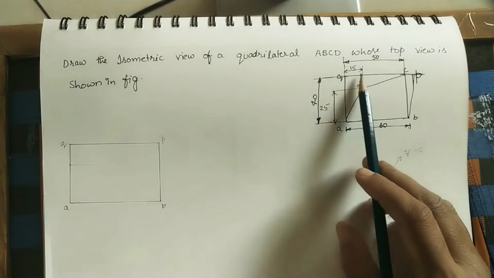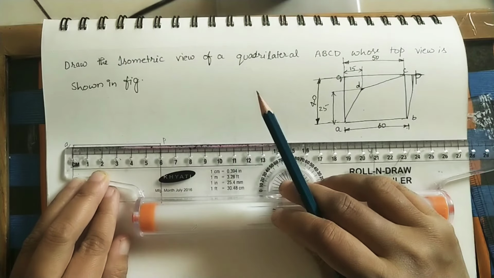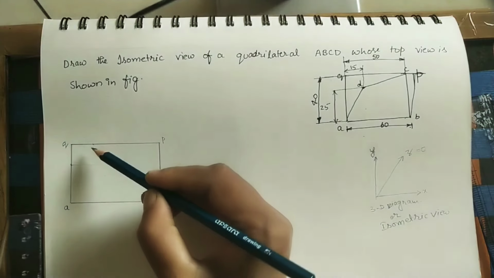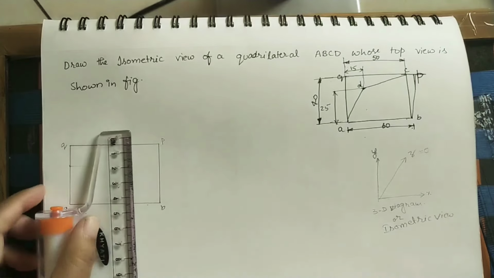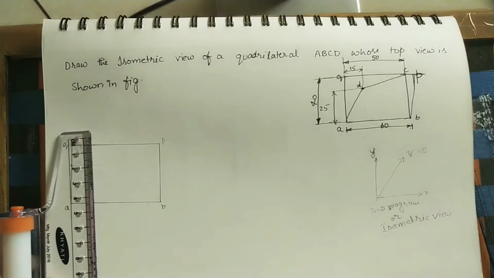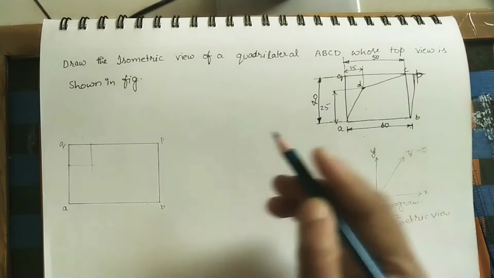On this side, from Q it is 15 mm, so from Q it is 1.5 centimeter. Here draw the vertical line. Take this as the reference line. Any vertical line is a reference line. At this 15 mm, draw the line here. This intersection point is the D point.